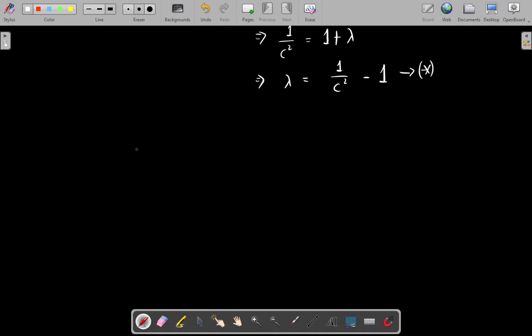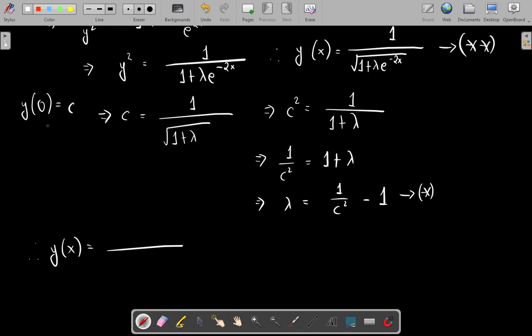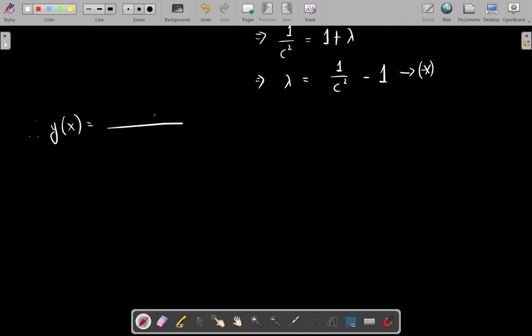Therefore y of x becomes 1 upon square root of 1 plus (1 by c square minus 1) times e raised to the power minus twice x. Okay, so this is the function y in terms of x.